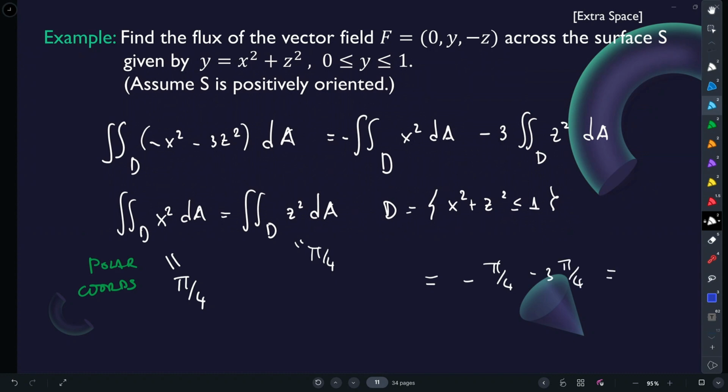So I get minus 4 pi over 4, so minus pi. I could do it without the polar coordinates. I have to parameterize a circle in Cartesian coordinates. So it would be something like x from minus 1 to 1, and then y would go from minus the square root of 1 minus x squared to the square root of 1 minus x squared. It's more complicated to do it in Cartesian coordinates, but it can be done.